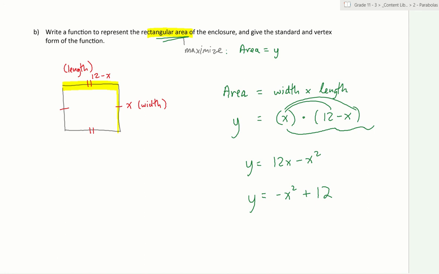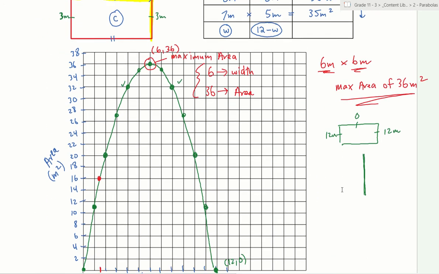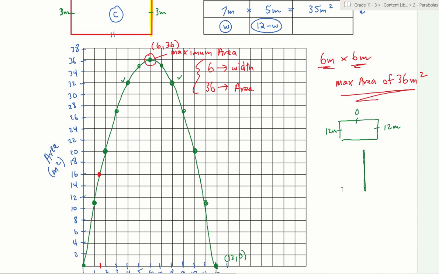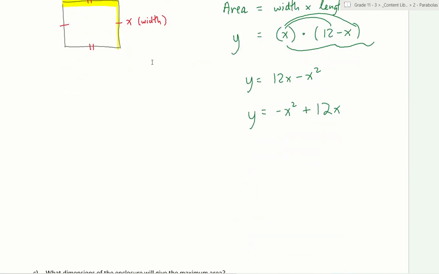So we don't have to necessarily graph it. We can just figure out the maximum by finding the vertex, right? Because once we have that parabola in equation form, what we're interested in is where that vertex is occurring.